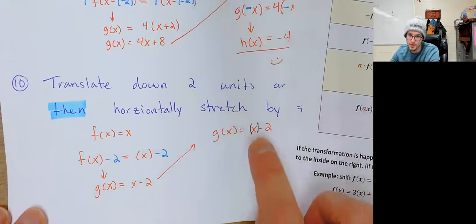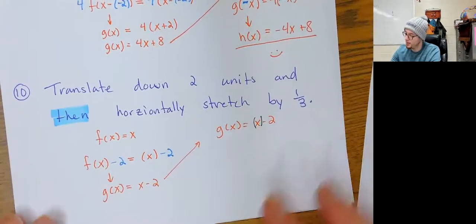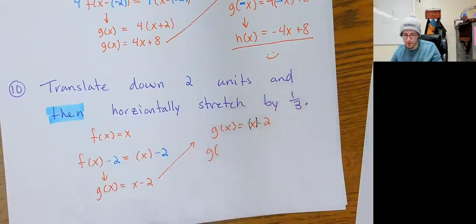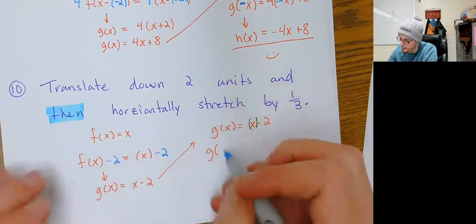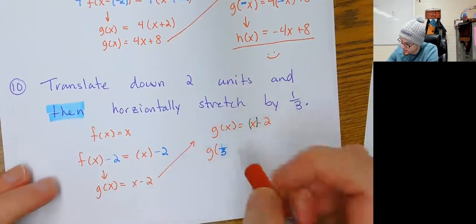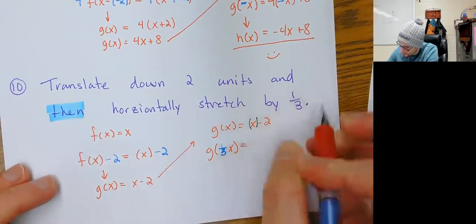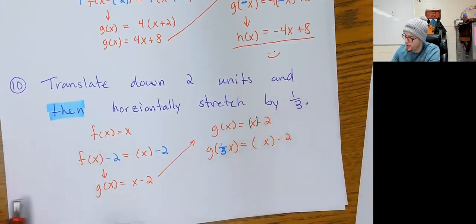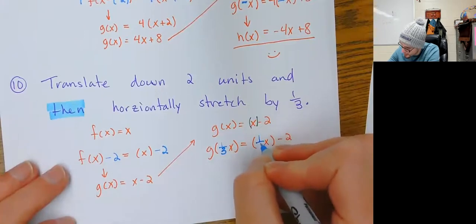So we need to put parentheses around just the input. So we're going to have g, and we're going to multiply the inside by 1/3. Multiply just the inside by 1/3.